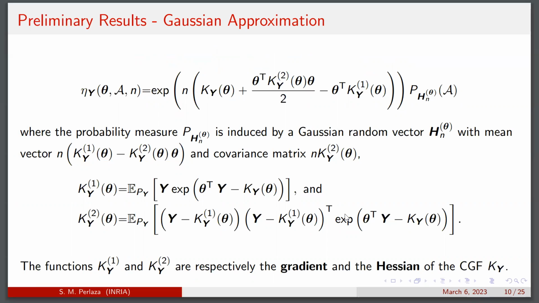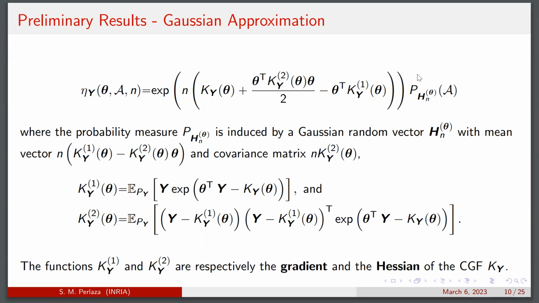I want to make a parenthesis here to show that if we choose a Gaussian measure with a given mean and a given variance, where K1 and K2 are the first and second derivatives of the cumulant generating function, then necessarily those are means and variances. And we obtain this expression here.